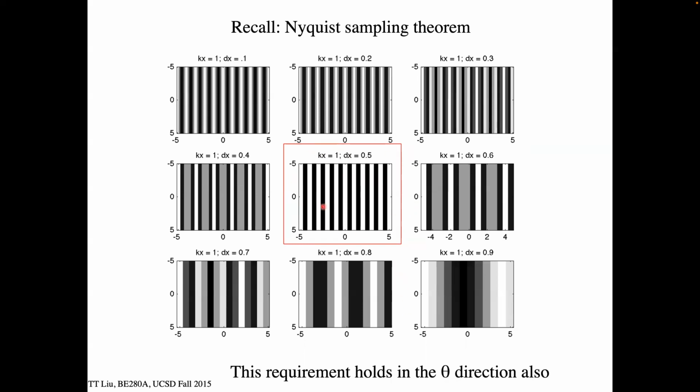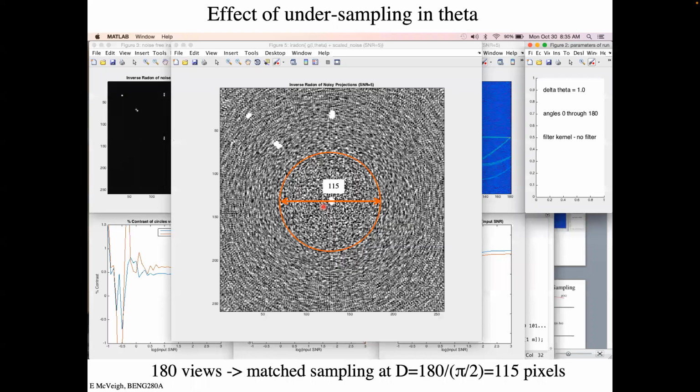This has an analog also in the theta direction. So if we're deciding how many theta views we need, we can think of it in terms of the Nyquist criteria, but in the theta direction, not just the L direction, right? So let's look at this. Here we have a field of view with a diameter of 115 pixels.